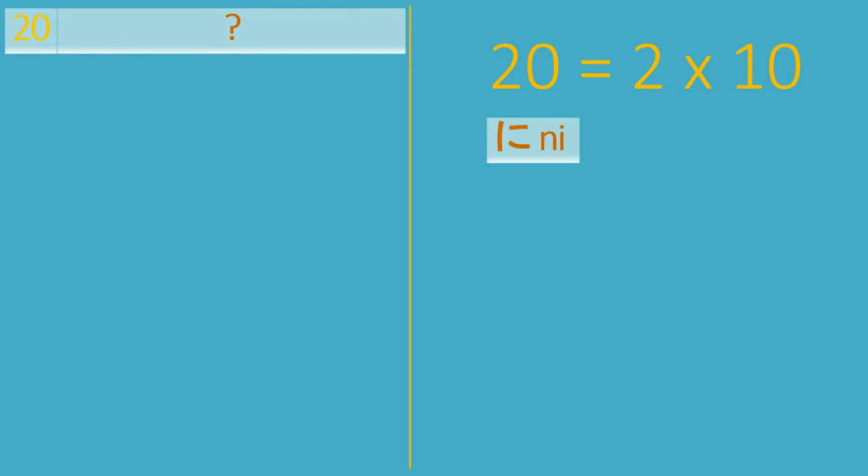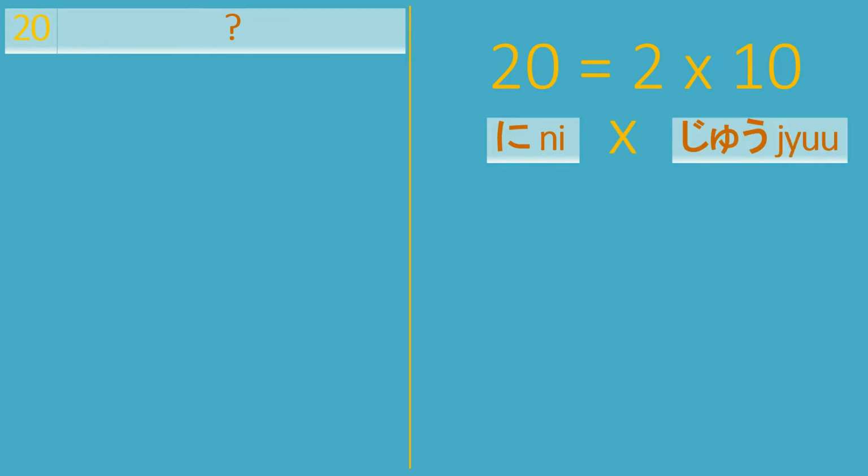So, 20 is basically 2 times 10. Ano nga po yung 2 kung natatandaan po natin? Yes, it's ni. Ano nga po yung 10?